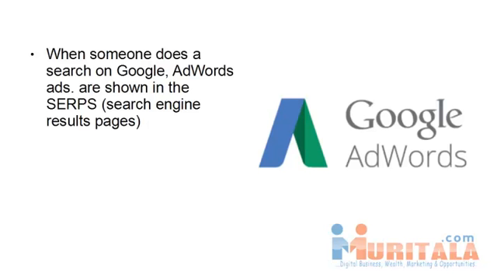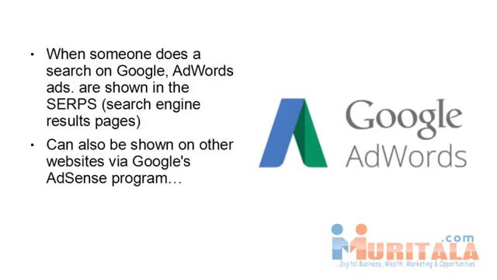Now, when someone does a search on Google, AdWords ads are shown in the SERPs, that's the search engine results pages, and they're generally shown down the right-hand column and sometimes across the top of the results. And you can see they usually say ads or sponsored results.